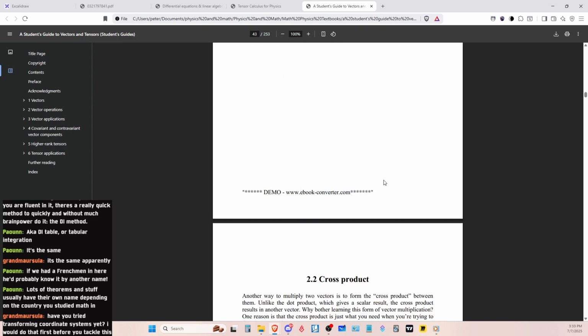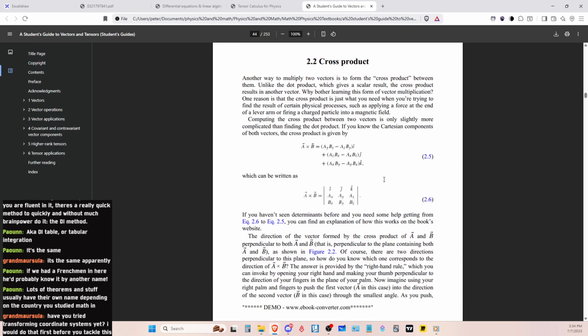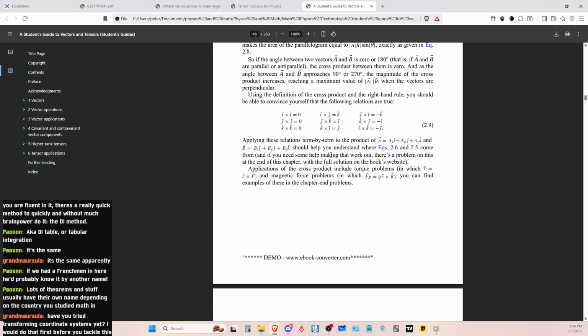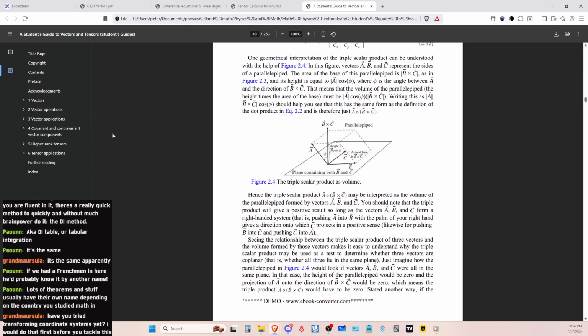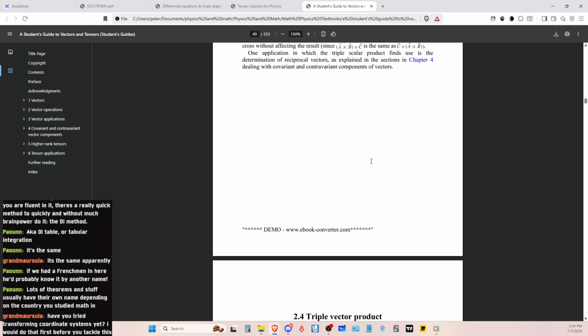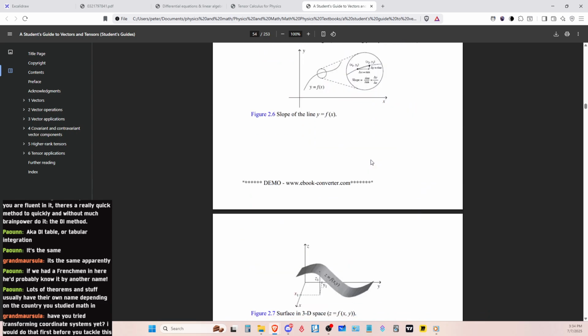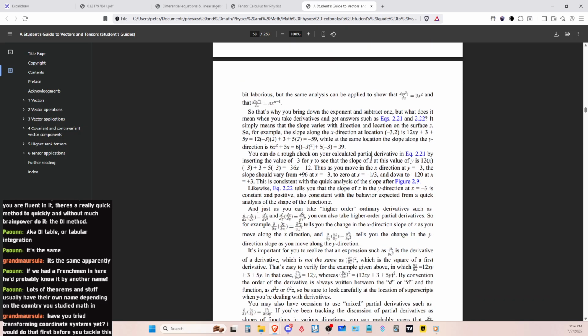I'm familiar with the dot product and cross product. It's really interesting that they make you learn the different component systems, like spherical and cylindrical.